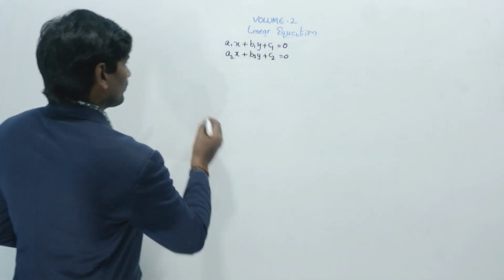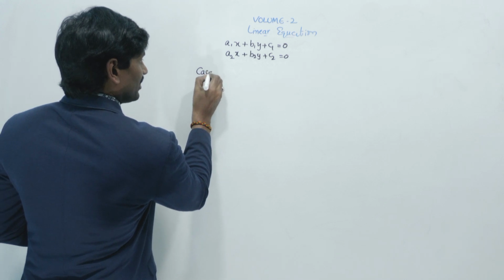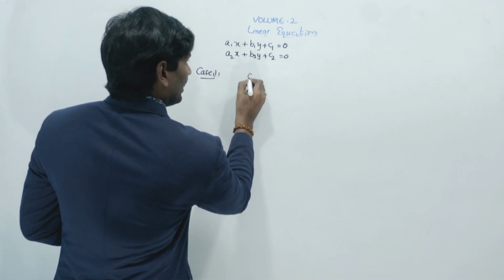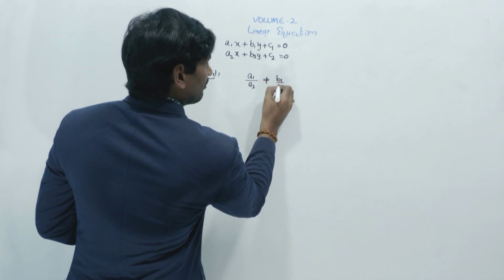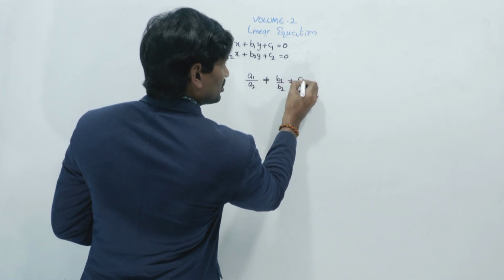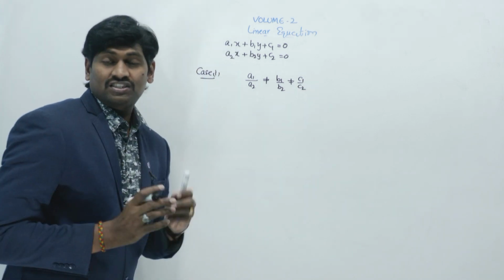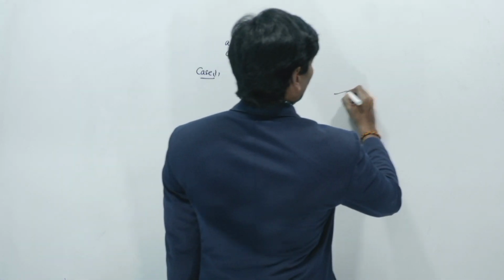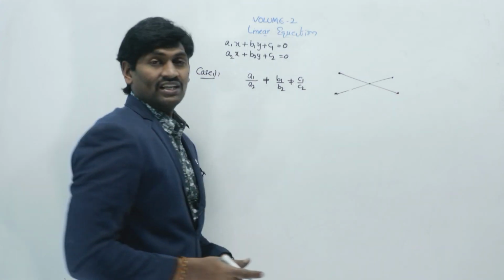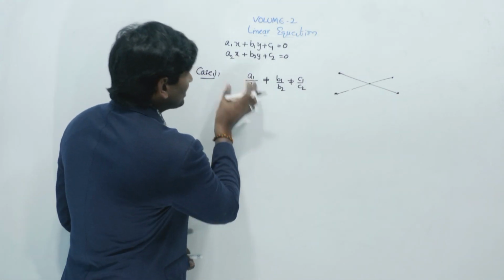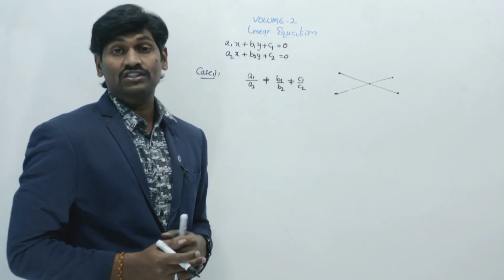The first condition is a1 by a2 is not equal to b1 by b2. That means this situation happens when the two lines intersect. When the two lines intersect, their coefficient ratios are not the same.